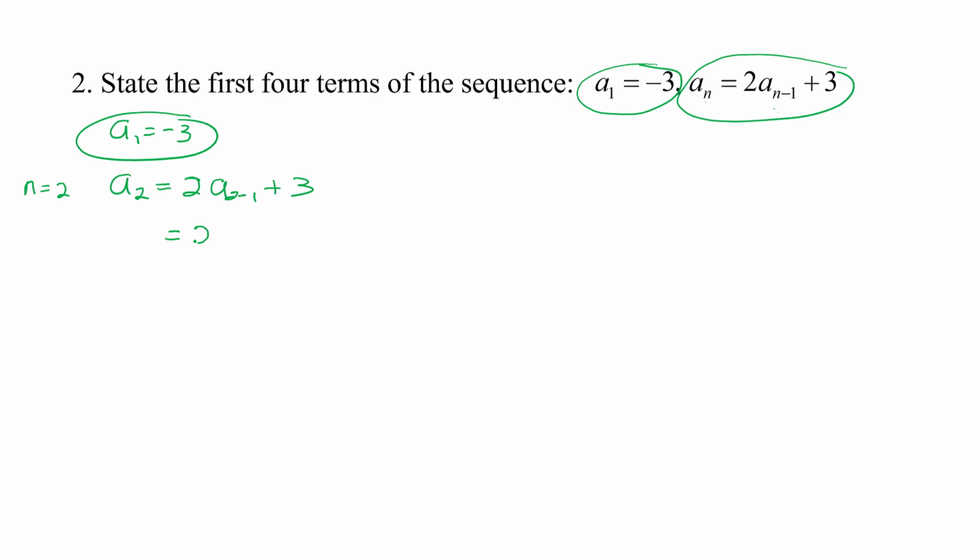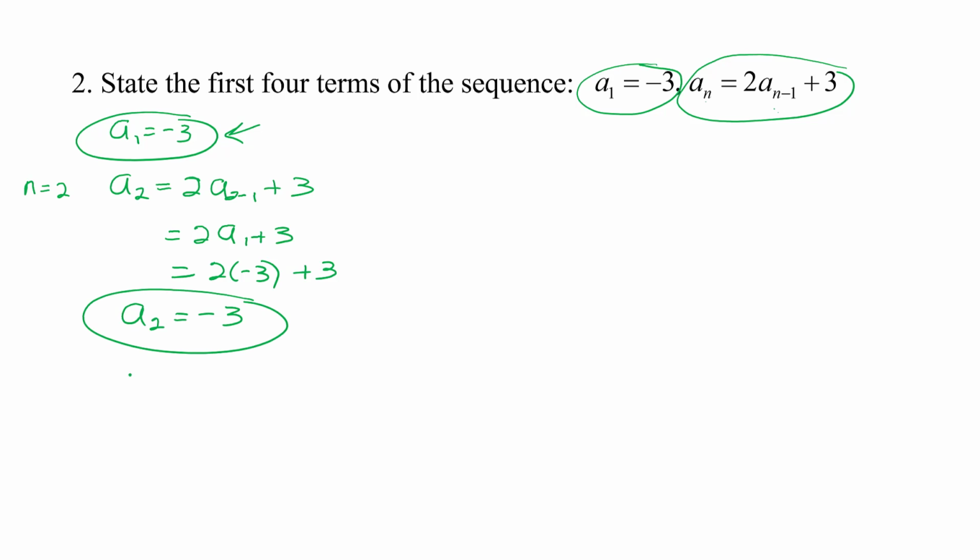That simplifies to 2 times a sub 1 plus 3. We know that a sub 1 is -3, so we have 2 times -3 plus 3. That would be -6 plus 3. We then will write a sub 2 as being equal to -3.